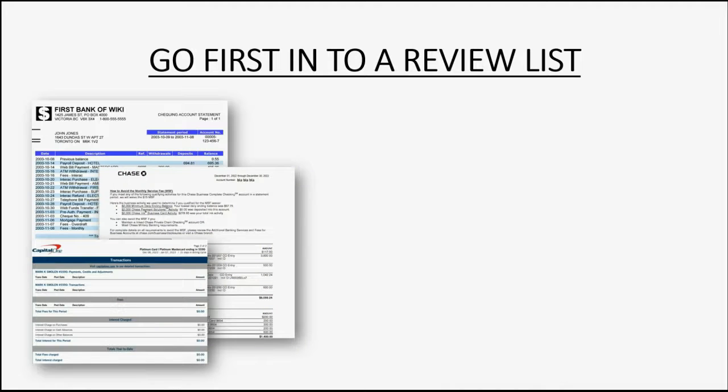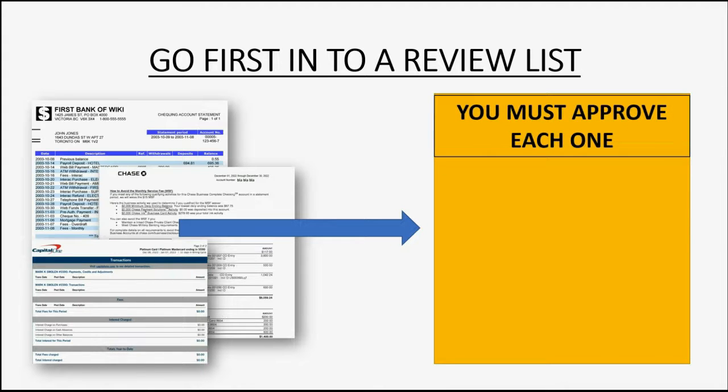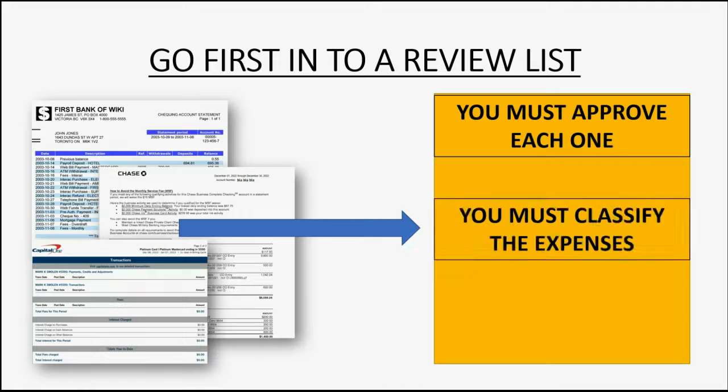So how does the bank feeds feature address those 4 points so we can copy the bank's transactions and save time? Well, first, all of the bank transactions get downloaded into a separate review list before they go into QuickBooks Desktop. You must look at the review list and approve each one to make sure it's a real and legitimate transaction.